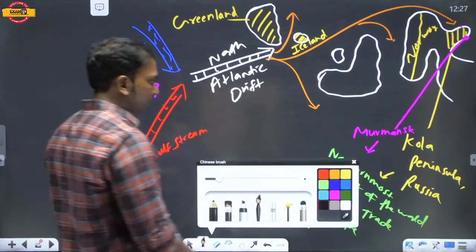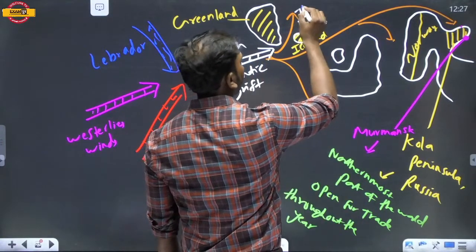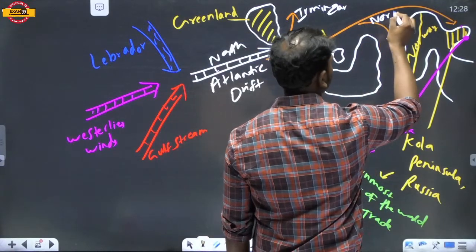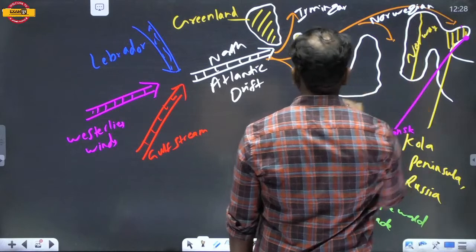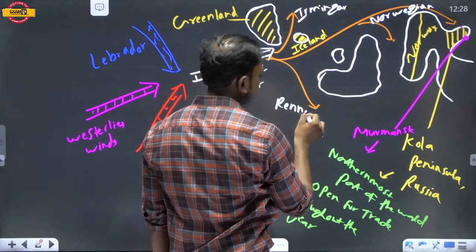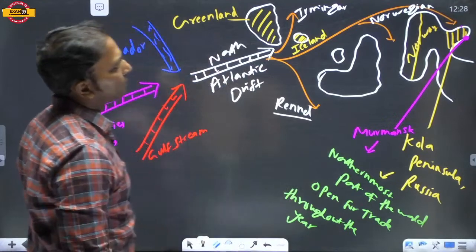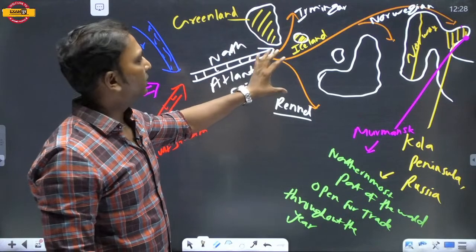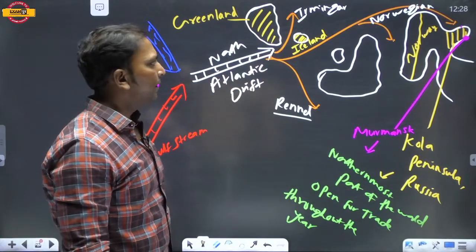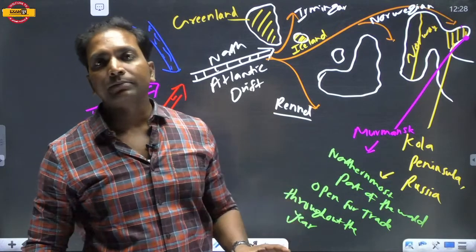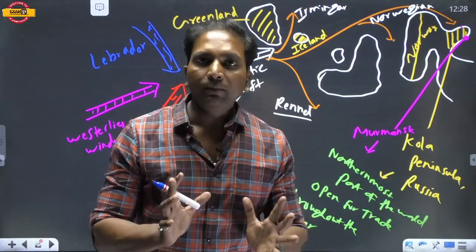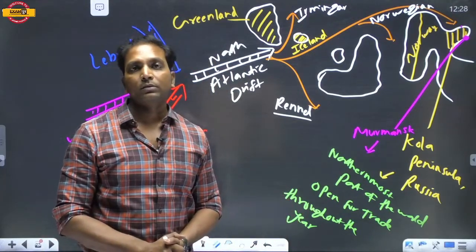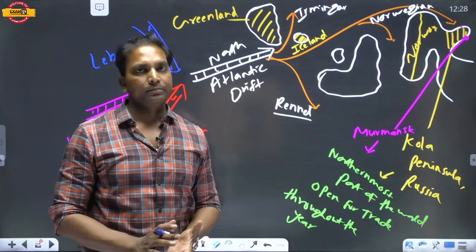So here we are seeing the Irminger, Norwegian, and the Rennell. The three currents of the North Atlantic Drift, and these warm winds will warm the western coast of European countries throughout the year.